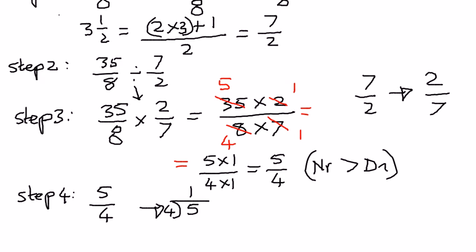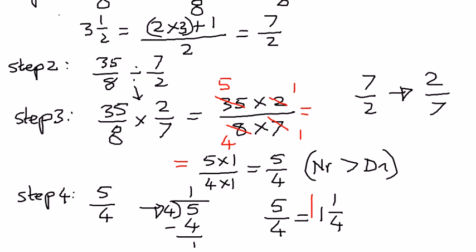4 times 1 is 4. There is no more number. When we subtract 4 from 5, we are left with 1. So therefore 5 divided by 4, we can write it out as 1 and 1 over 4, like that.